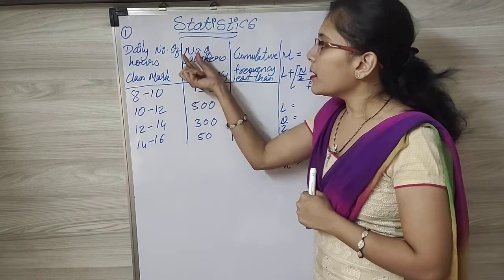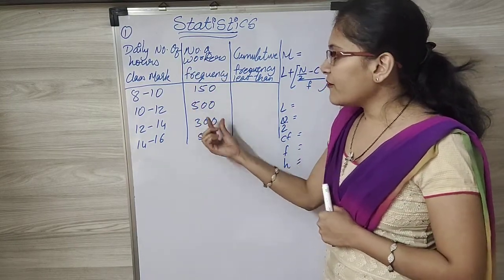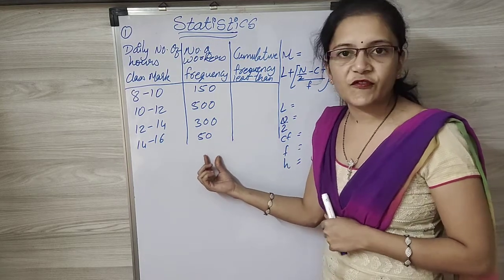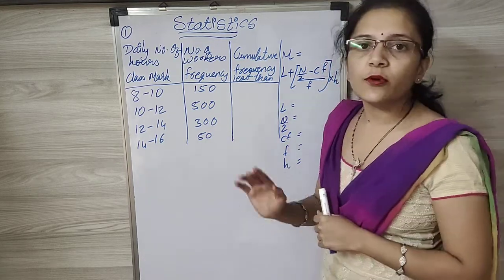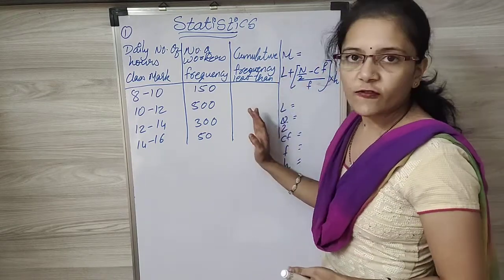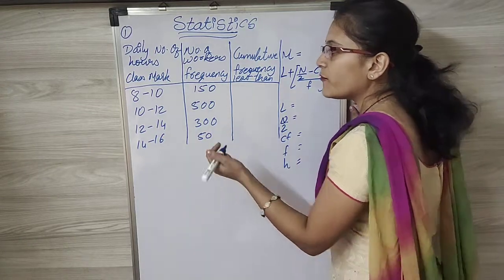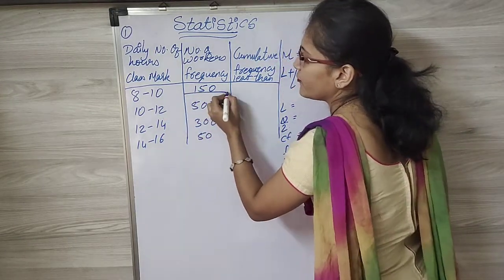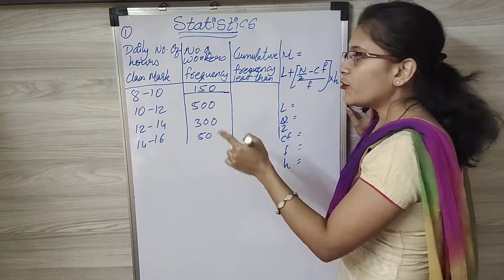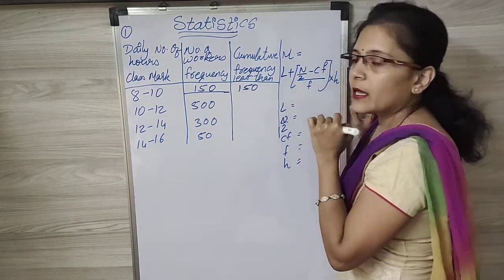Now see here, number of workers, that will be our frequency: 150, 500, 300, 50. Now what you have to do next is find the cumulative frequency, the less-than type. While finding cumulative frequencies, the first number we write as it is, so 150.